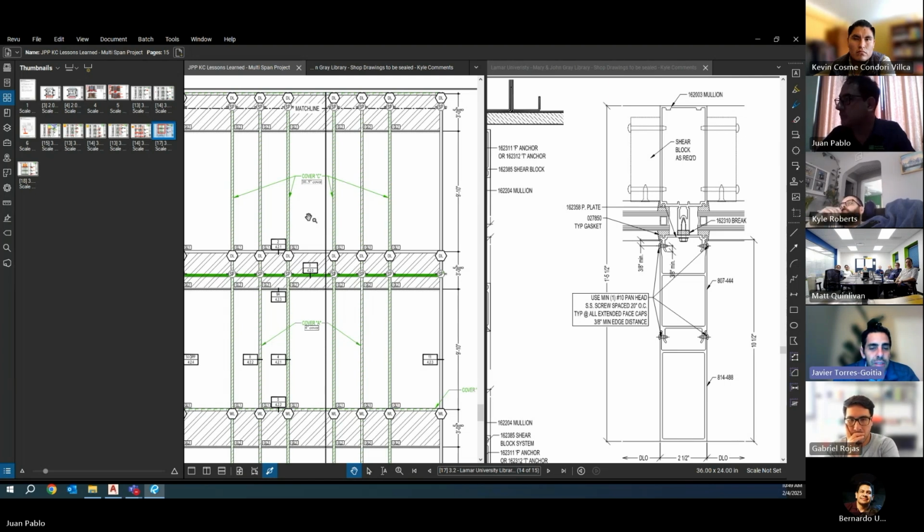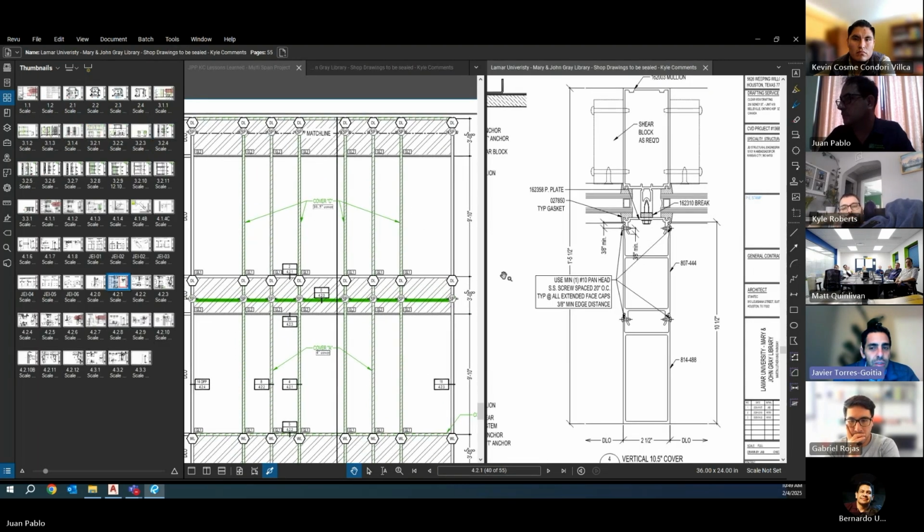So we were discussing with Stuart how to apply the wind load on these extensions to the mullion, because it would be overly conservative and unrealistic to apply the full design wind load.